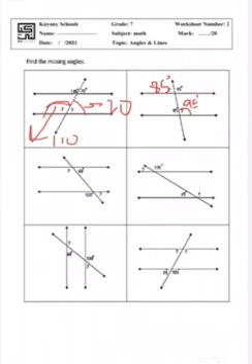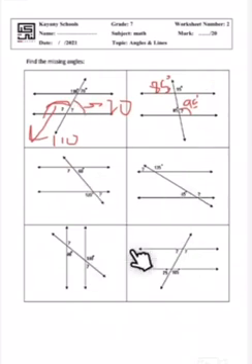We can check our answers because 85 plus 95 is equal to 180, and we know that the sum of the angles on a straight line is 180 degrees, so it's true. Again, we can use the straight line: this angle is equal to 180 minus 85, which gives 95 degrees. Okay, this is for this worksheet.